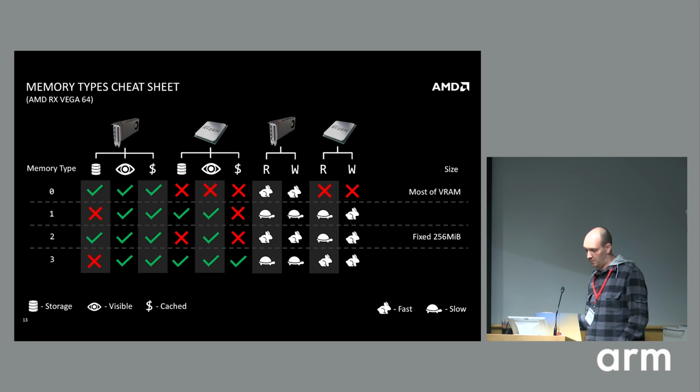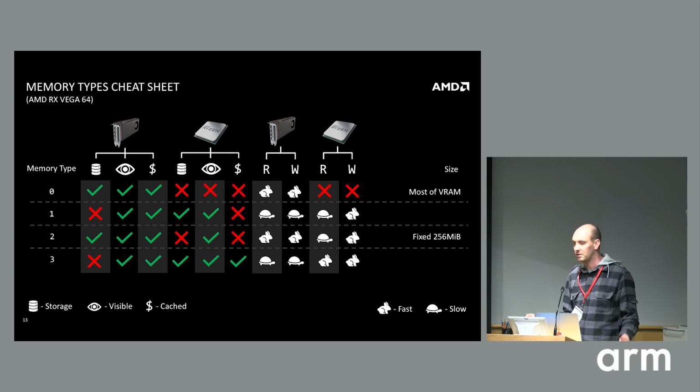Right then, let's have a walk through these and see if we can deduce some useful information from this table. So type 0, we're going to go across this top row here. We know that there's a tick here, so that means it's in video memory, in VRAM. If we use this memory type, our allocation will be in VRAM. It's visible and cached by the GPU, so the GPU can see the memory. That's quite unsurprising.